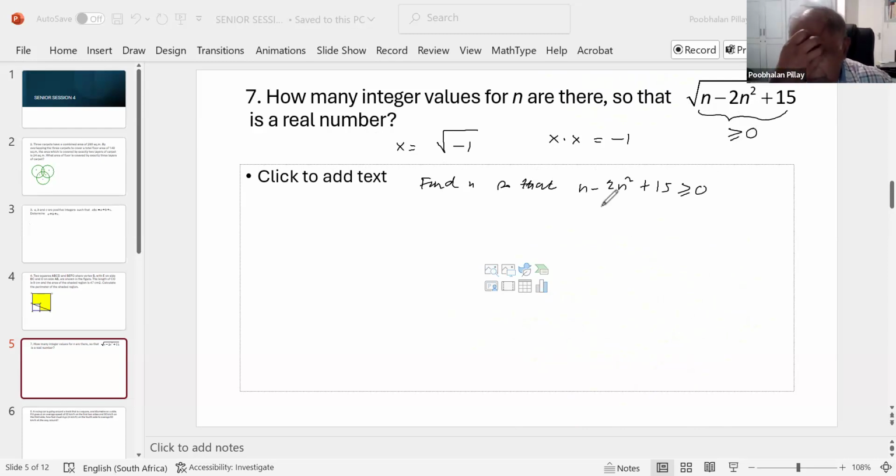This is one of the few times where an inequality that you do in school occurs in problem solving. The only difference is that we ask what the integer values are. So we want to solve this inequality, and I've got -2n squared here. I want to bring this into the form of a quadratic.